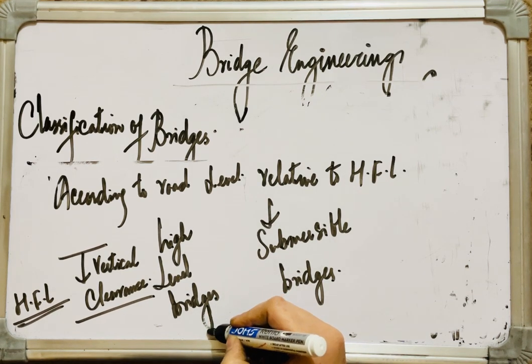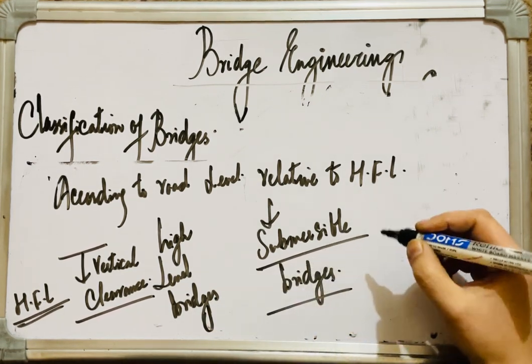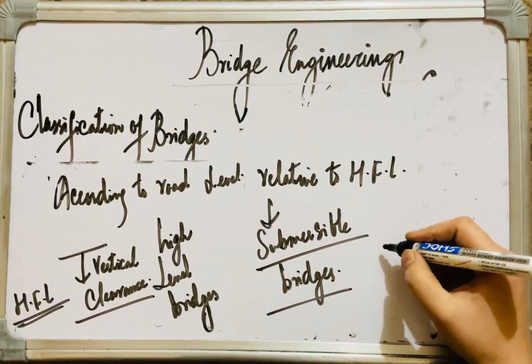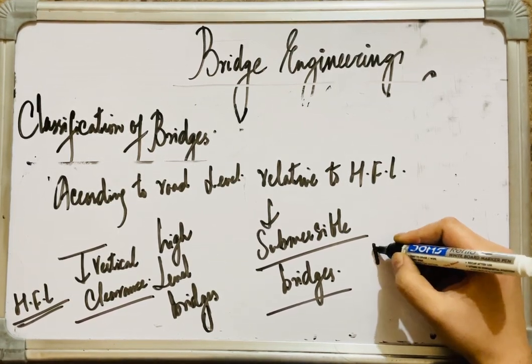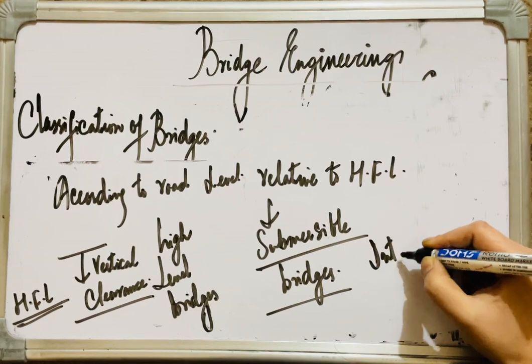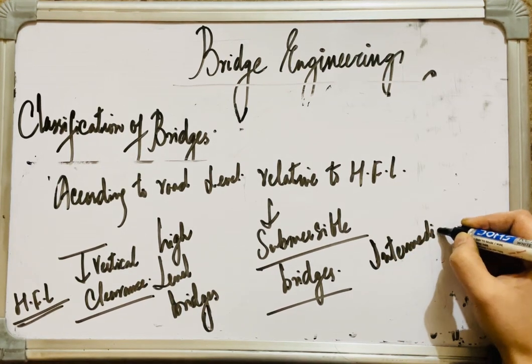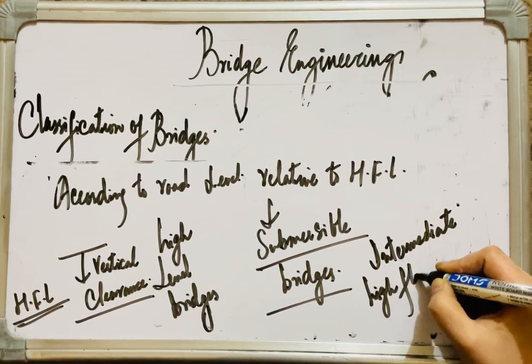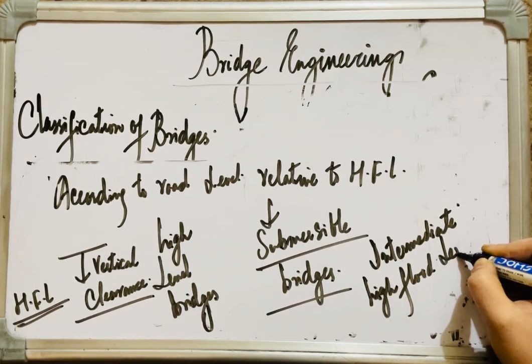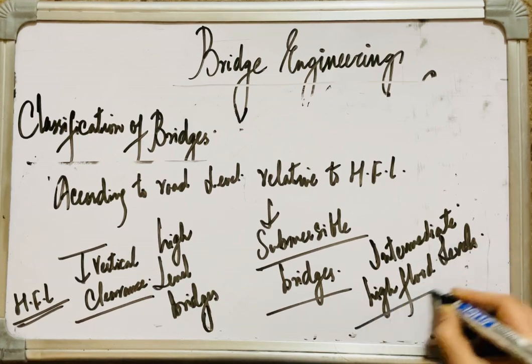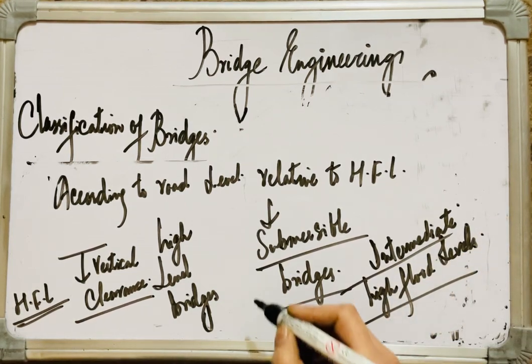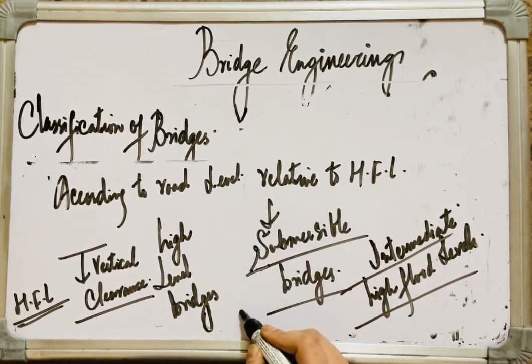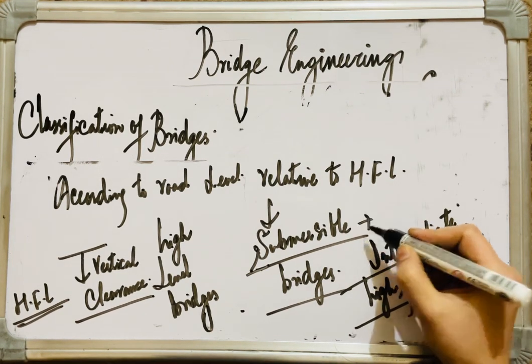Whereas submersible bridges are designed intermediate in between the highest flood levels of that particular river, so that they may serve as dry bridges when there are no floods, but in case of floods they may get submerged.